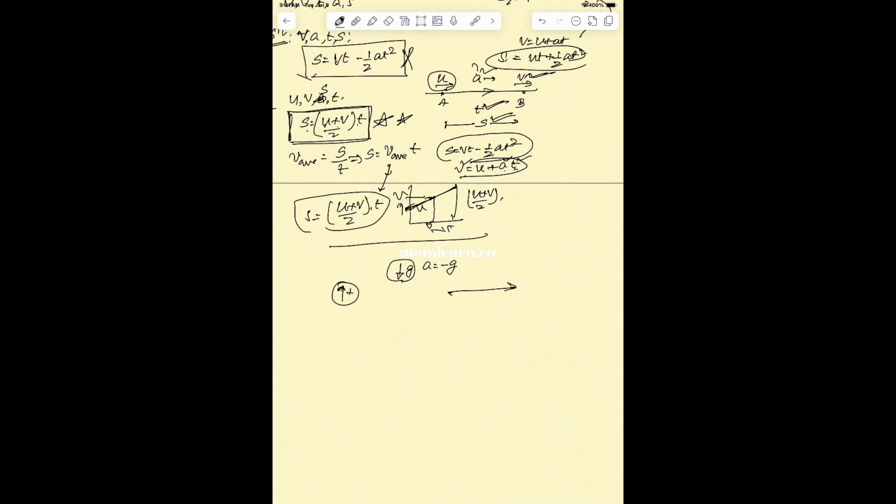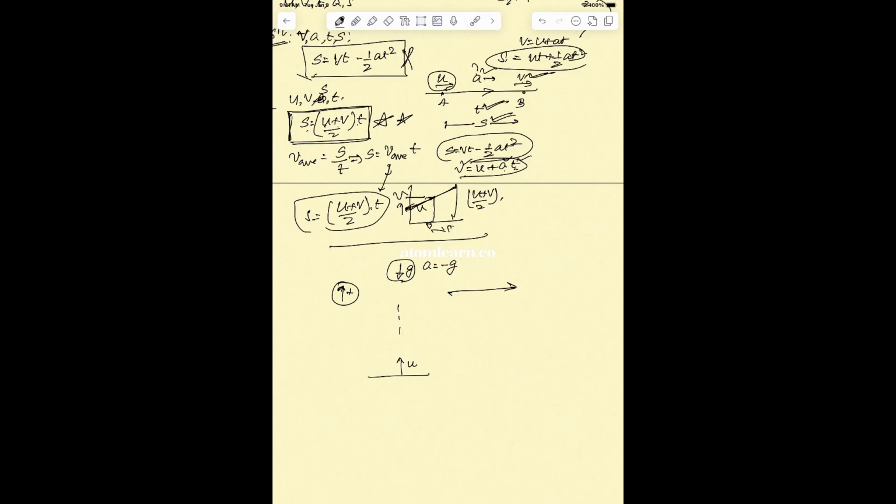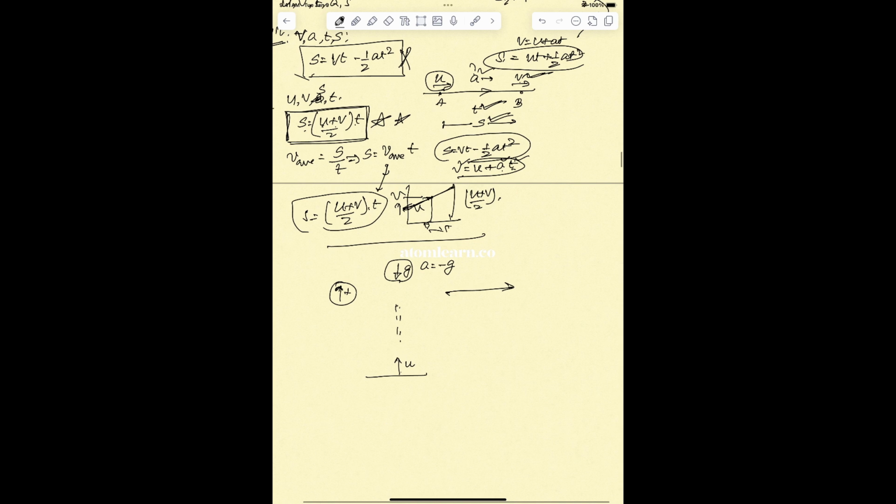For example, suppose in the vertical situation you are throwing vertically upward with the initial velocity u. Upward is positive, so I am just calling it u. It goes up to the top and then comes back, falling vertically down. Then what is the maximum height reached? Here this is u, whereas at the topmost point we know v need not be given because it has to be equal to 0.